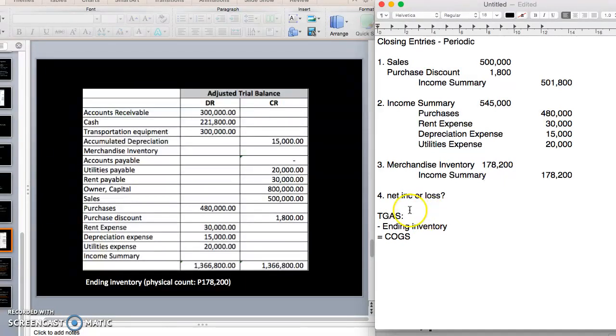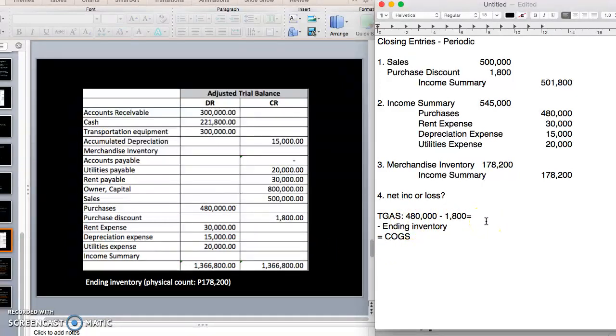So total goods available for sale will be purchases, that's 480,000 minus 1,800. We need to consider purchase returns and allowances and freight in, but since in this case we don't have the accounts in the adjusted trial balance, we'll just make use of what we have.